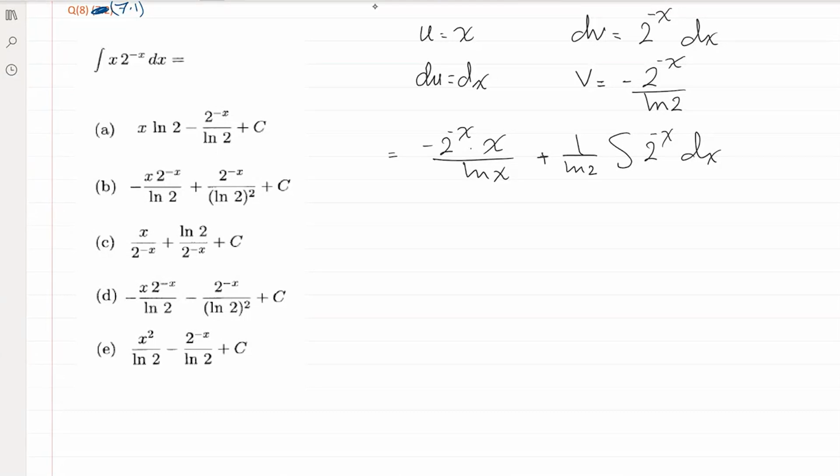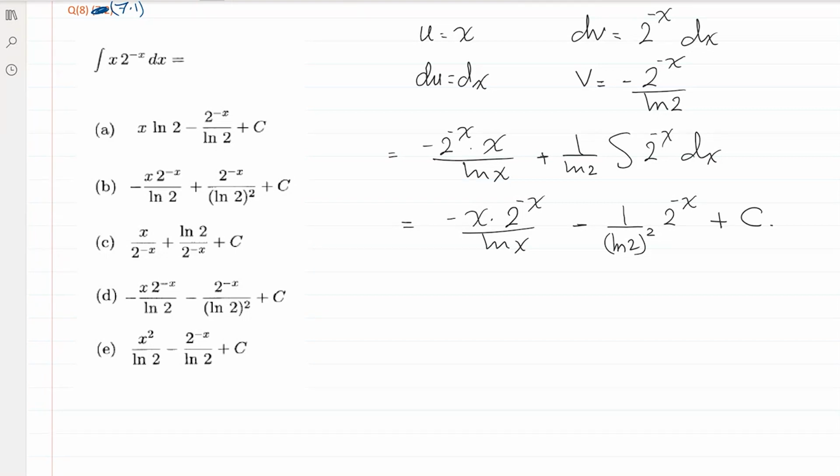Then I take the antiderivative again. So it will be minus x times 2 to the power minus x over ln 2. Now, if you integrate this one again, it will be 2 to the power minus x, the sign is minus, divided by ln 2, and there is another ln 2, so it will be ln 2 squared. All of this plus c.